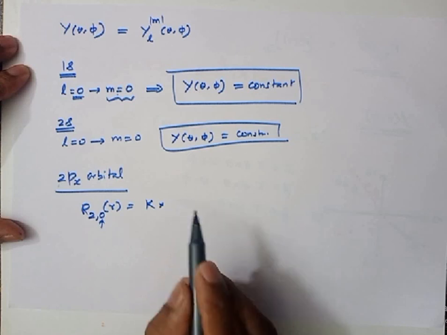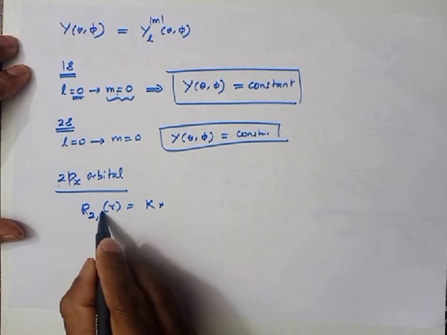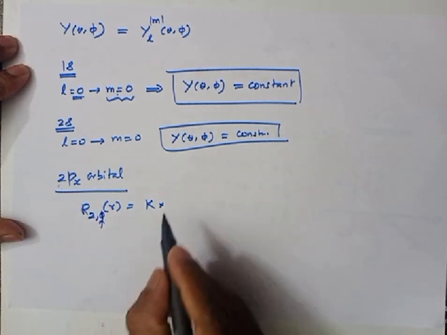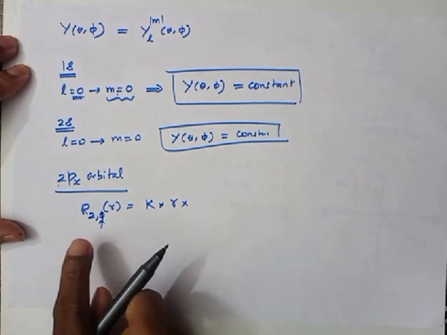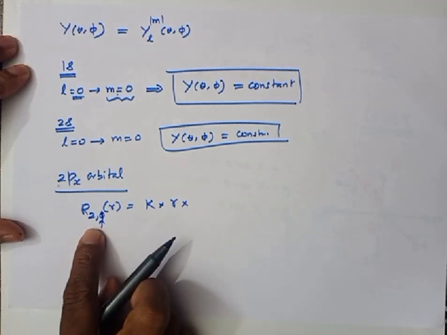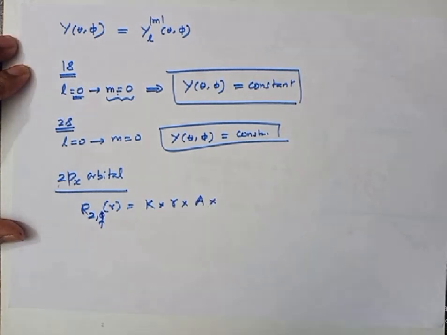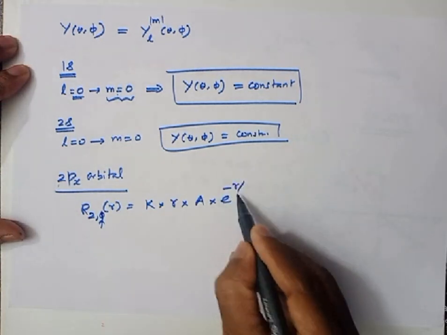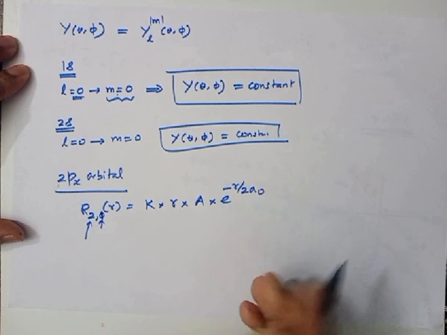So K into r, then some constant a, into e power minus r by n a0, and n is 2, so 2a0. Correct. This is the radial part.